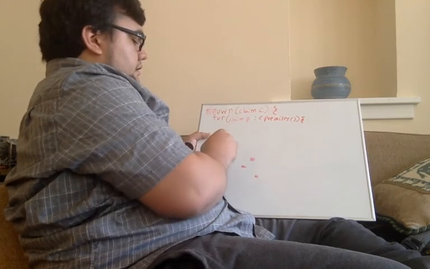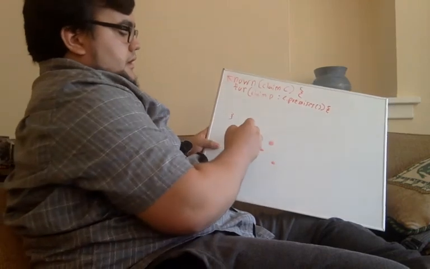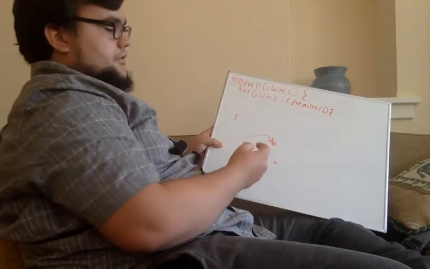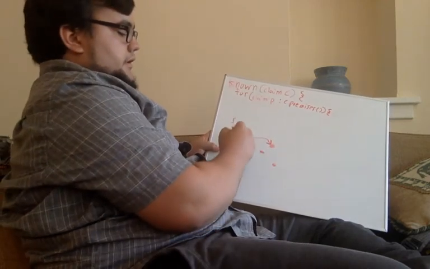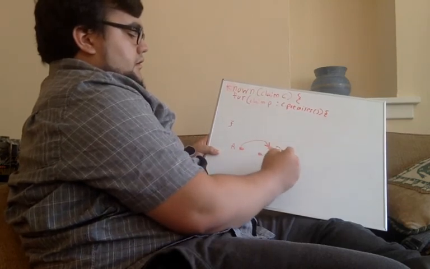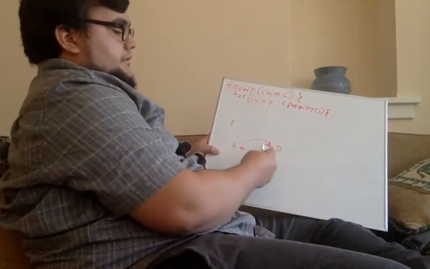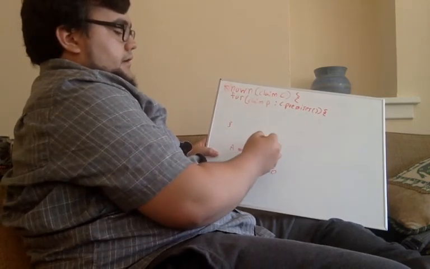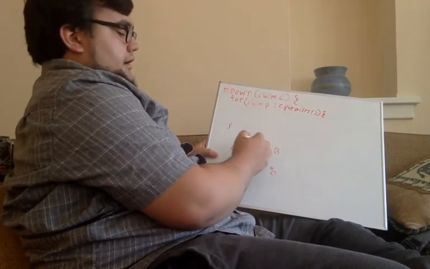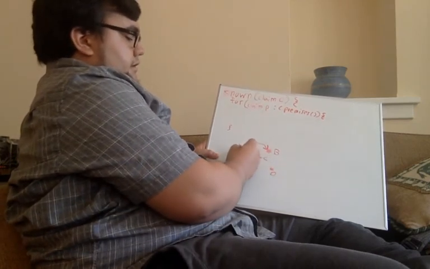So these dots I'm drawing represent nodes, and then I can draw an edge, but each edge is a directed edge, so it has a direction to it, basically saying whether it's pointing from A to B or B to A. You can have an edge from A to B and from B to A. But let's just create this thing here.